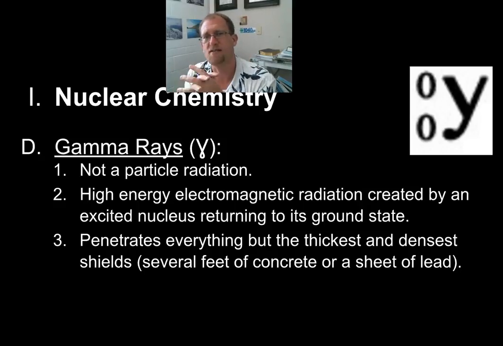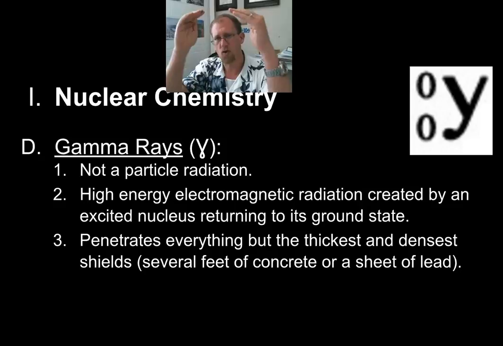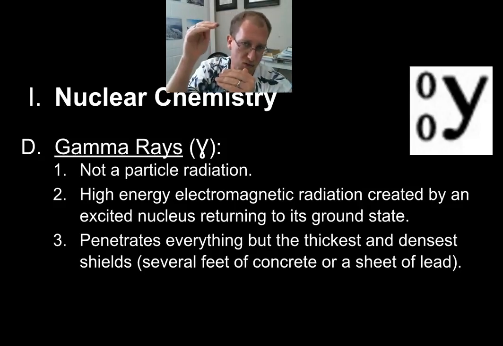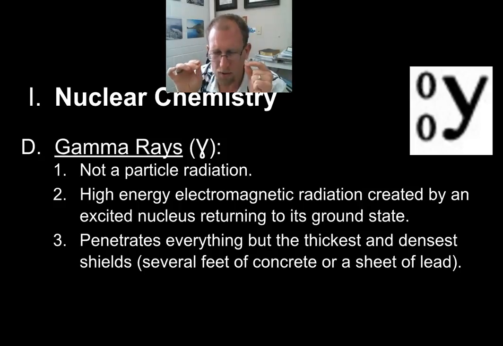Every element has its own signature of electron emission spectra when electrons are excited and then drop back down. It's a very similar concept in the nuclei, where the nuclei can be excited or go to a ground state. Now, this part is not fully understood. We don't really know enough about the structure of the nucleus to tell you why a nucleus is excited or why it's not excited.